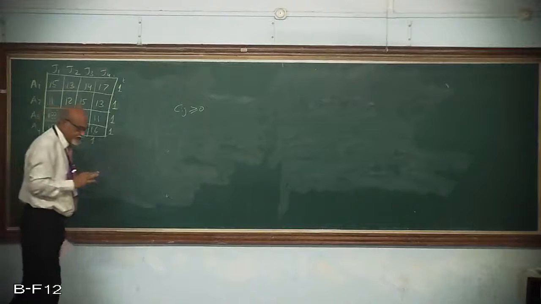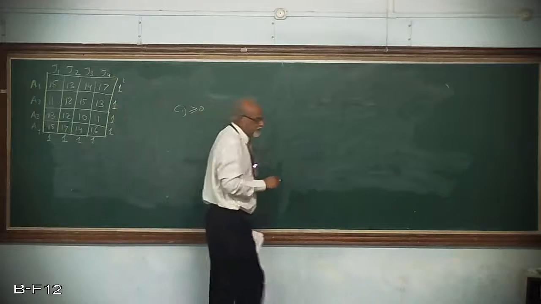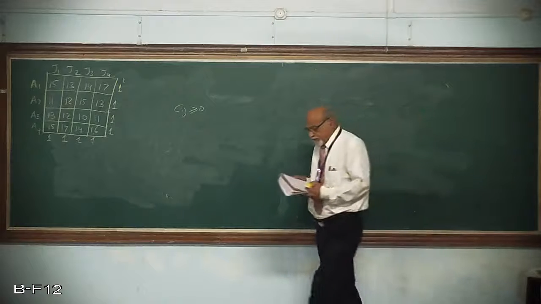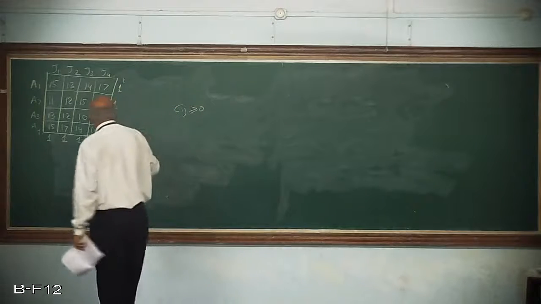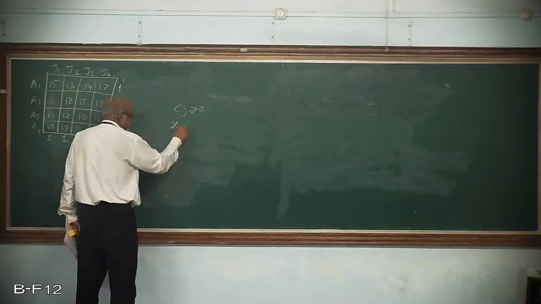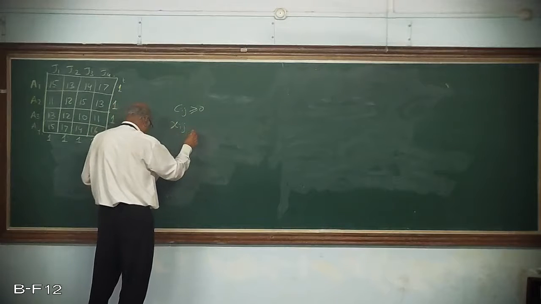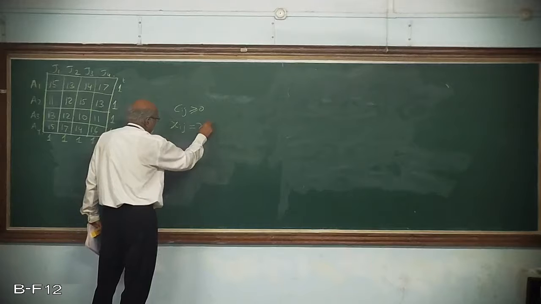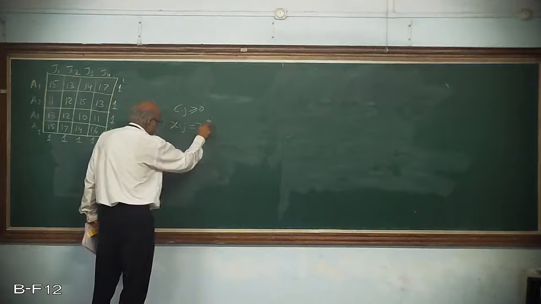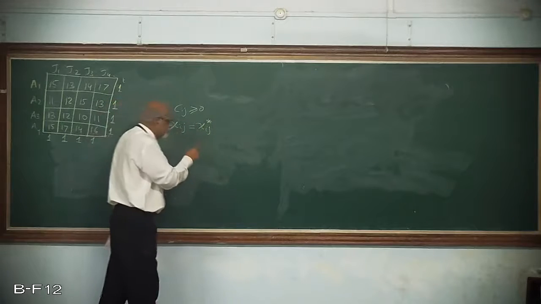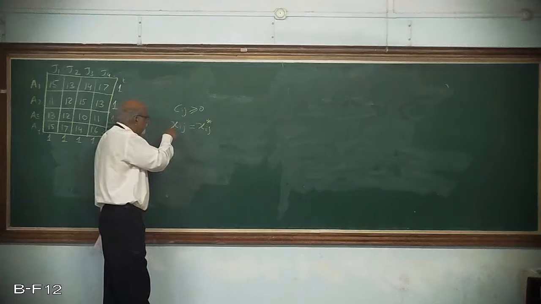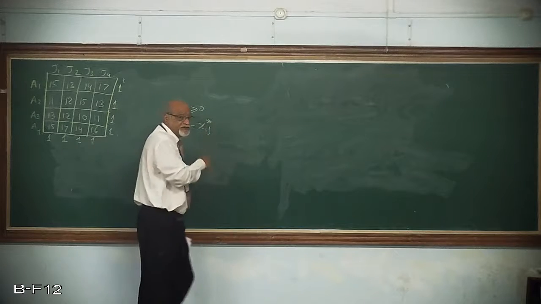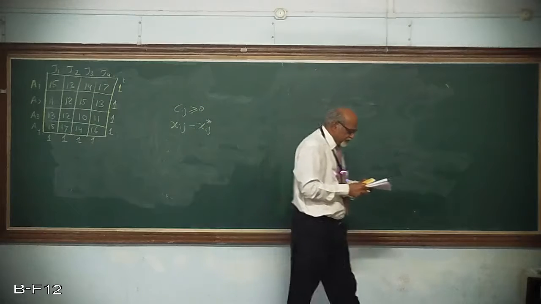If they are greater than or equal to 0, and if we can find a set of Xij's, marked with an asterisk, such that Xij equals Xi, because this is the earlier value, and here the value changes after the operation.